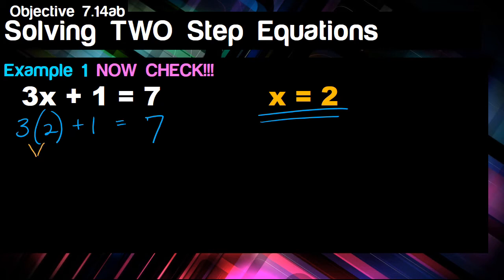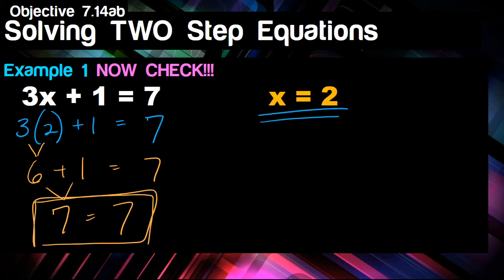So 3 times 2 is 6, plus 1 equals 7. 6 plus 1 is 7, equals 7. So if these two numbers are the same, that means we did our work correctly in solving two-step equations. So let's cover some more examples here.